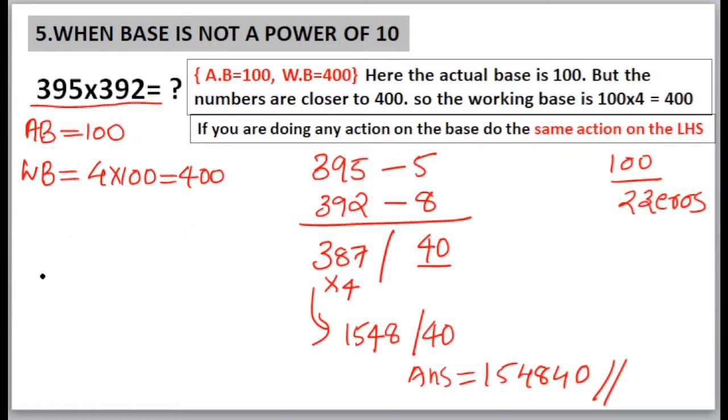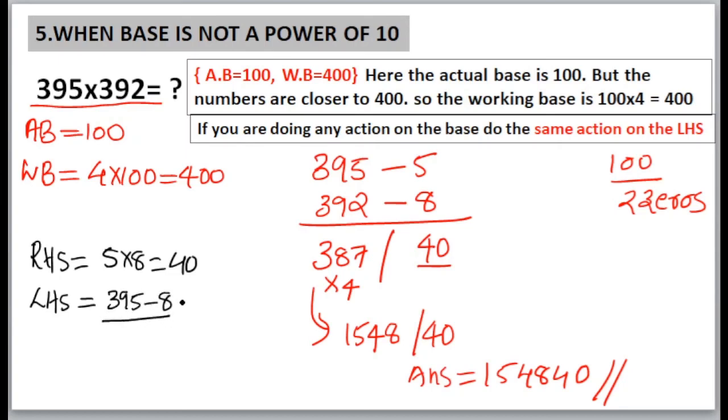RHS is equal to 5 into 8 is equal to 40 and LHS is equal to 395 minus 8 into 4. Because we have performed an action, you have to think about these rules.